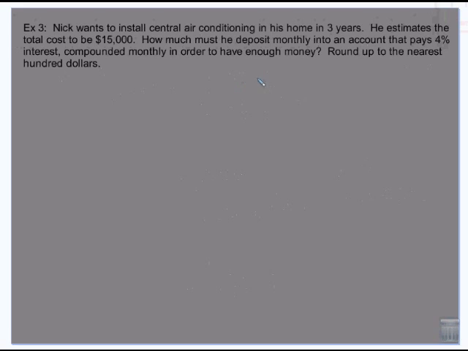He wants to do this in 3 years, and he thinks the total cost will be about $15,000, and so he wants to deposit monthly into an account that compounds monthly. Again, my deposit amount and my deposit period and my compounding need to match. So we need the periodic investment formula.